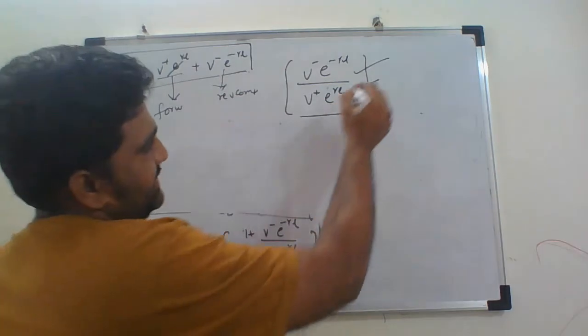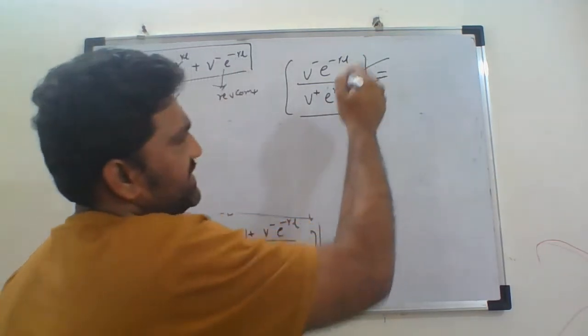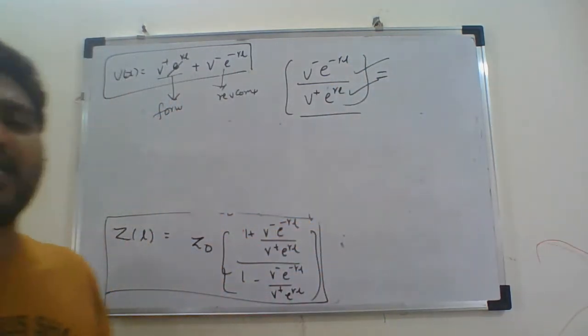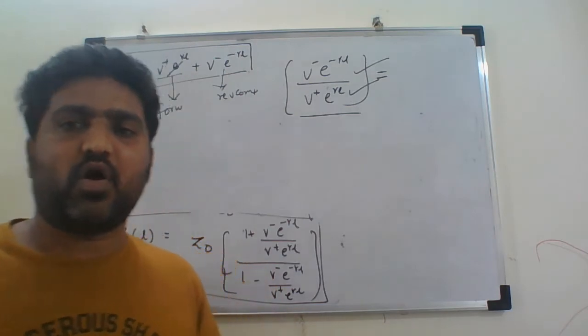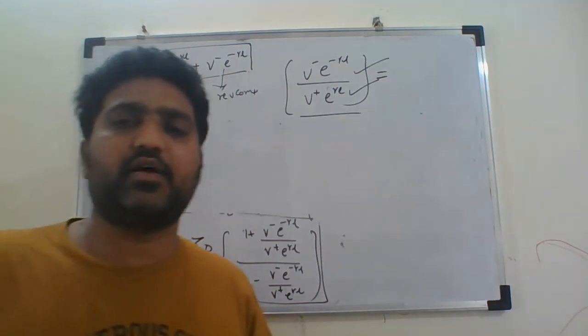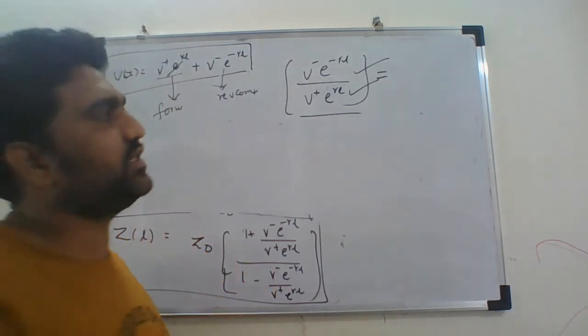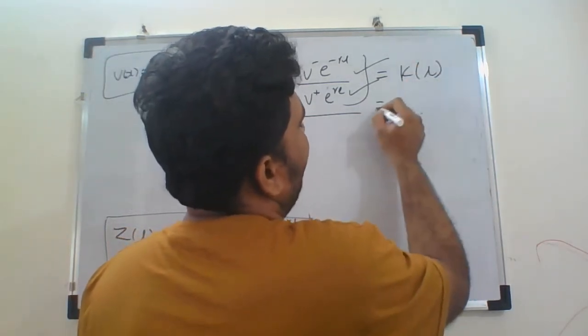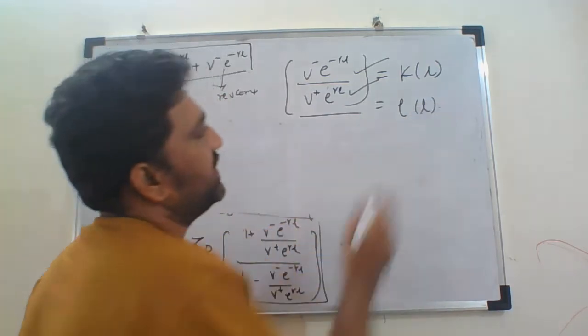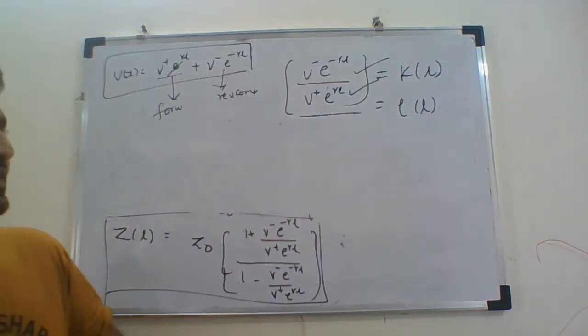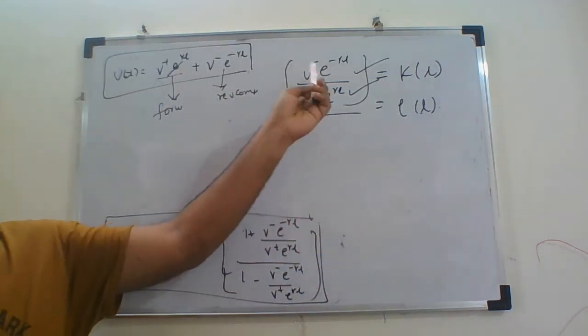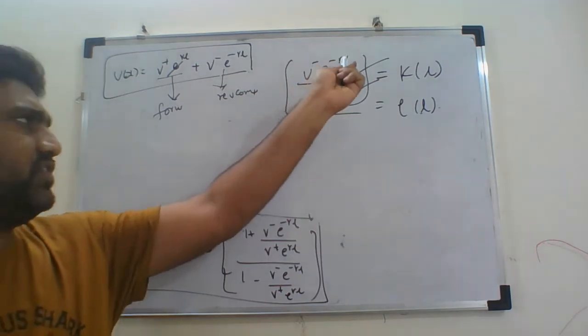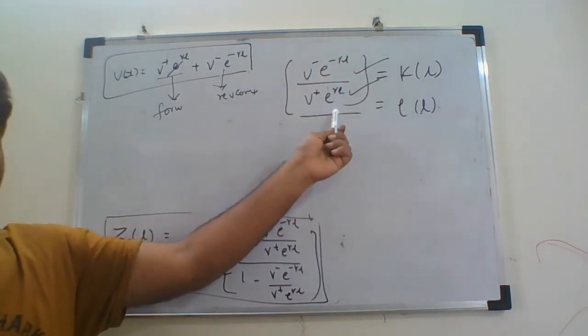So we represent this ratio by a very important parameter called the reflection coefficient of the transmission line. Generally, you represent it as K of L or rho of L. This quantity is the ratio of the reverse traveling wave to the forward traveling wave.